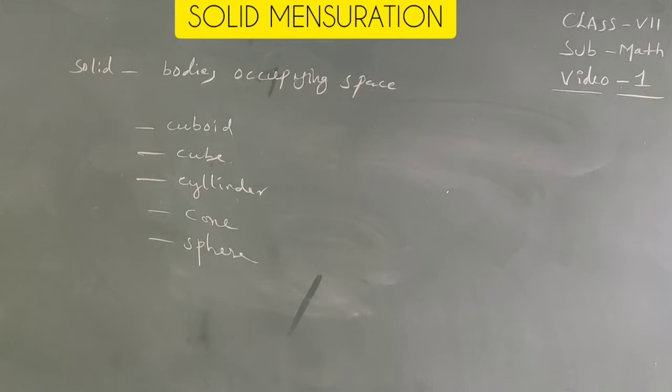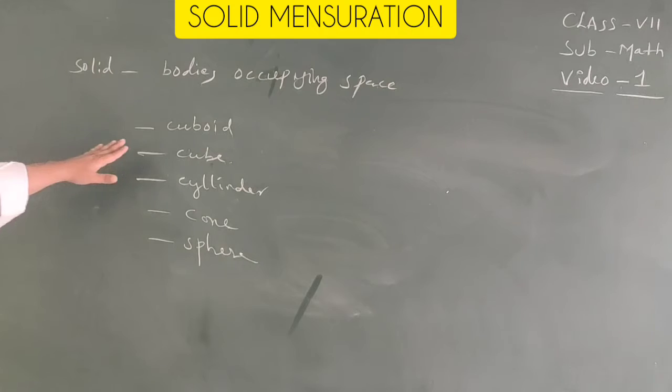Here, a body occupying space is called a solid. For example, a space-occupying body in the shape of a cuboid, with the help of length, breadth, height. That is a solid.